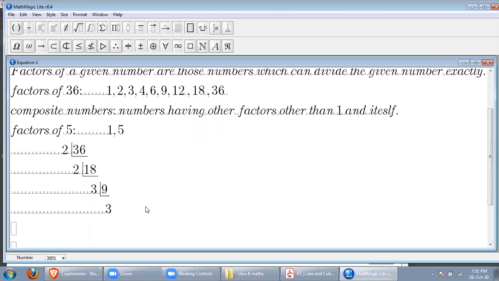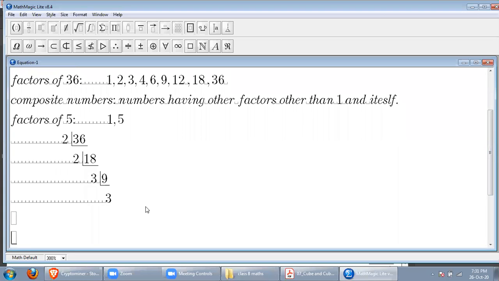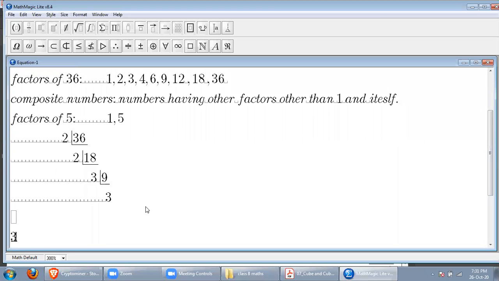So now if I have to write 36, I will write 2 into 2 into 3 into 3. This is 36 because 2 twos are 4, 4 threes are 12, 12 threes are 36.